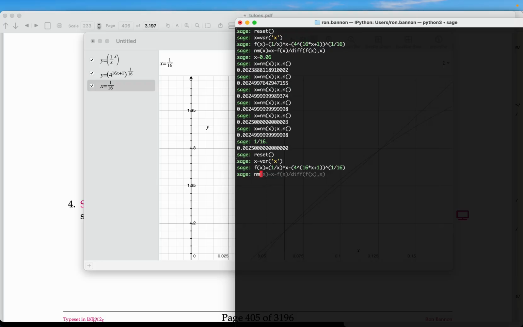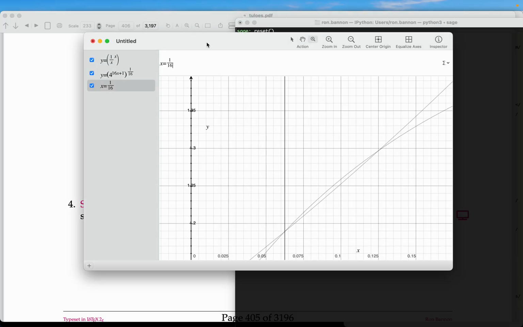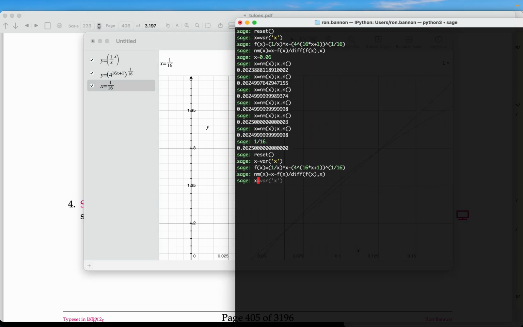Newton's method again. Let's do a new guess. Let's go back to our picture. Looking at it, I'm going to say about 0.12. That's my first guess.